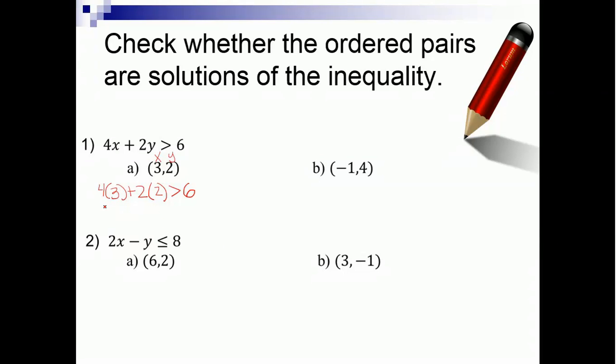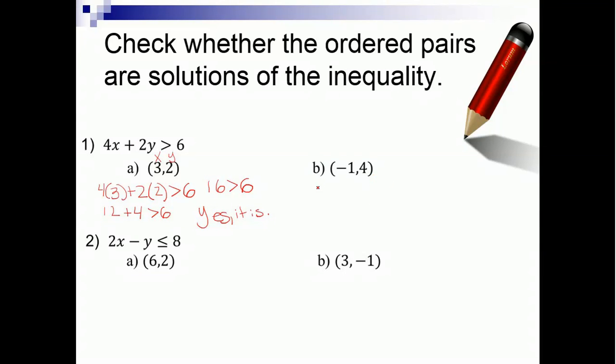So 4 times 3, 12, plus 2 times 2, 4. 12 plus 4, that's 16. So is 16 greater than 6? Is 16 bigger than 6? Why, of course it is. So this is yes. The point 3, 2 is a solution to this inequality. It does work in that inequality.